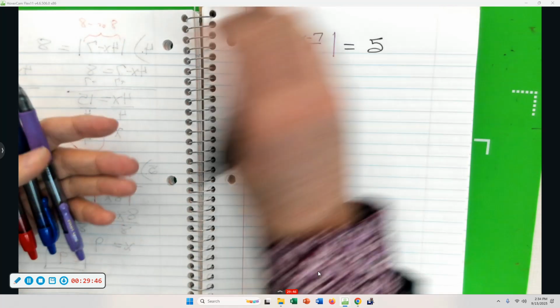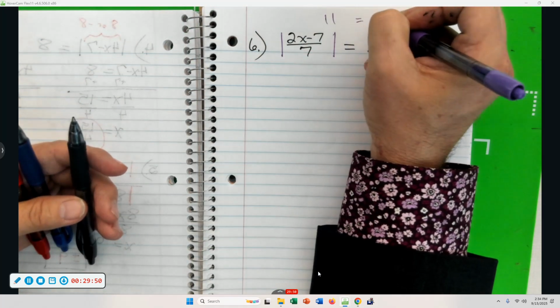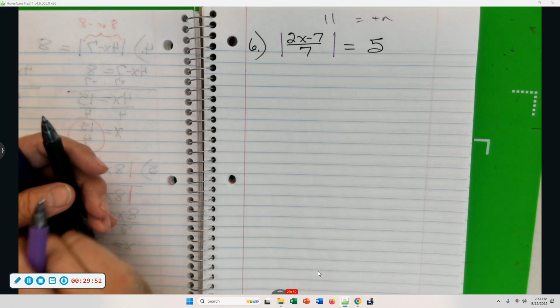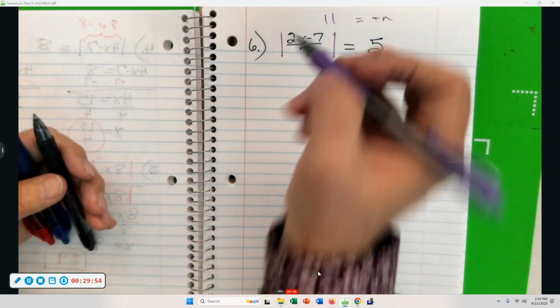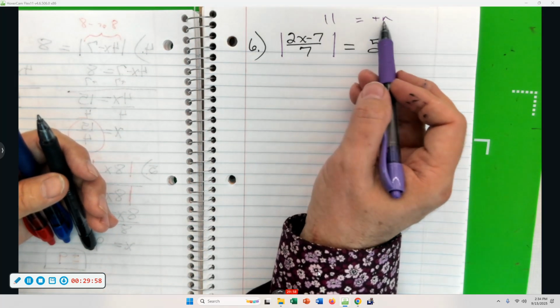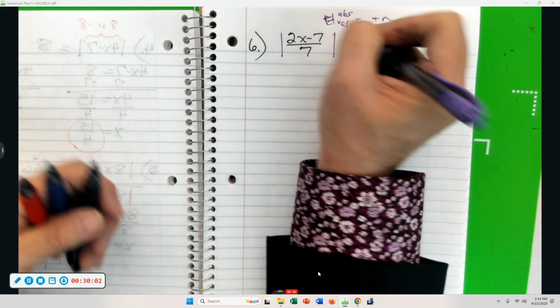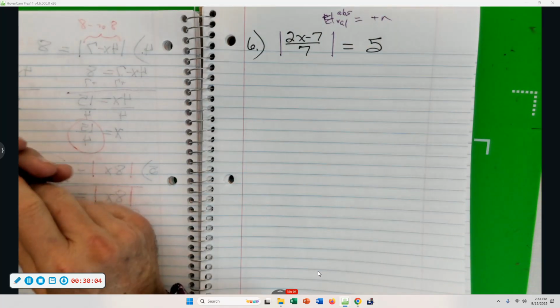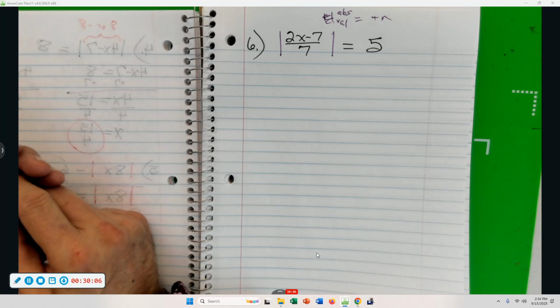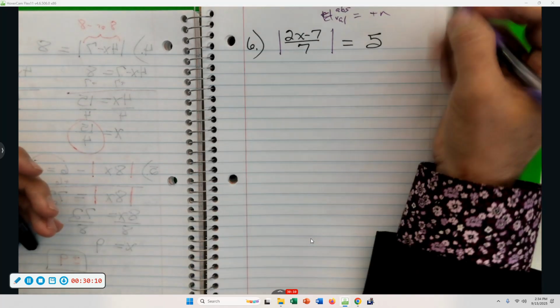We have an absolute value equals a positive number. That's not good. It looks like 11 equals a positive number. I better write absolute value. Absolute value equals a positive number. How many solutions do we expect? 2.